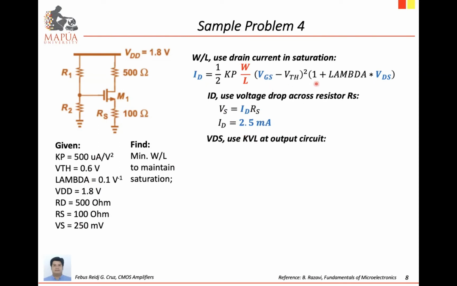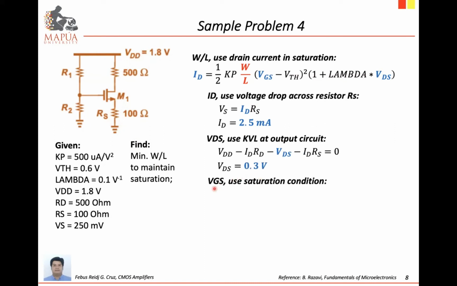Then for the VDS, we can use the output loop: VDD minus IDRD minus VDS and then minus IDRS. From there, we can compute VDS equal to 0.3 volts.